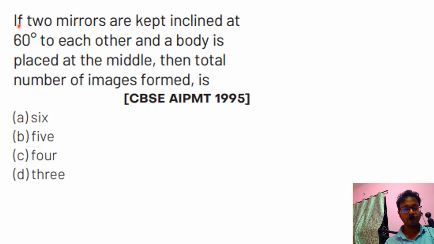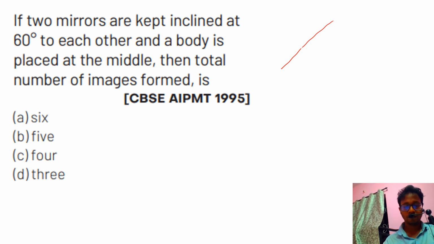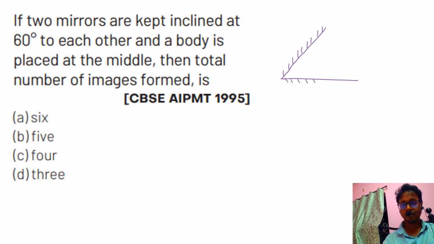Now let's read the question. If two mirrors are kept inclined at 60 degrees to each other and a body is placed in the middle, then the total number of images formed is? That means the angle between the mirrors is 60 degrees.